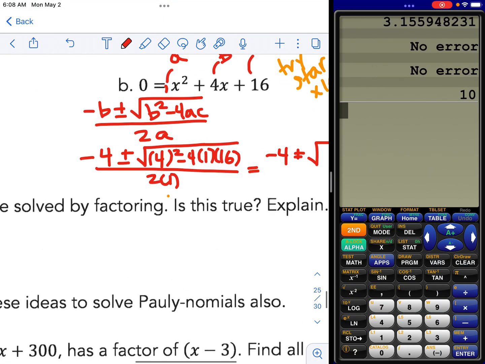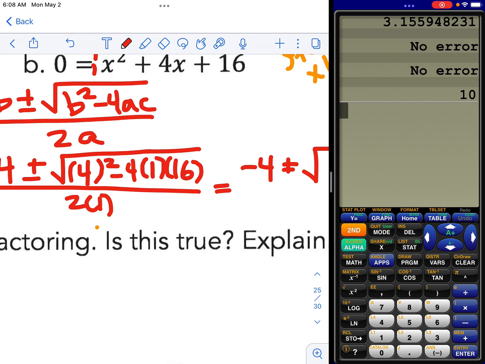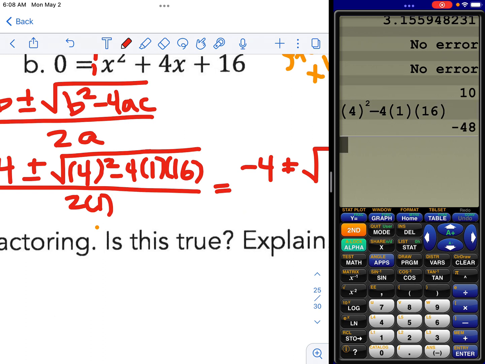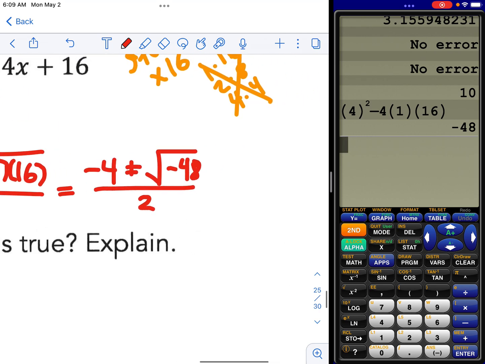When we look at simplifying the stuff in that radical, we have 4 squared minus 4 times a, which is 1, times c, which is 16. We have negative 48. Negative 48 all over 2.